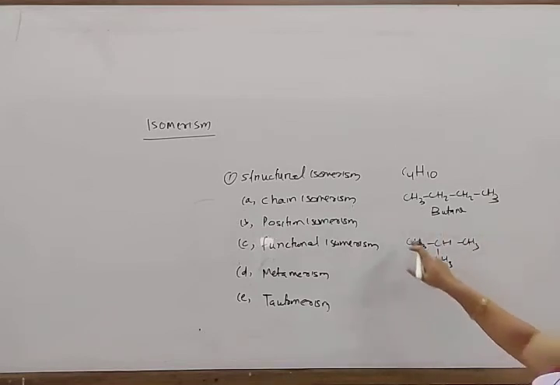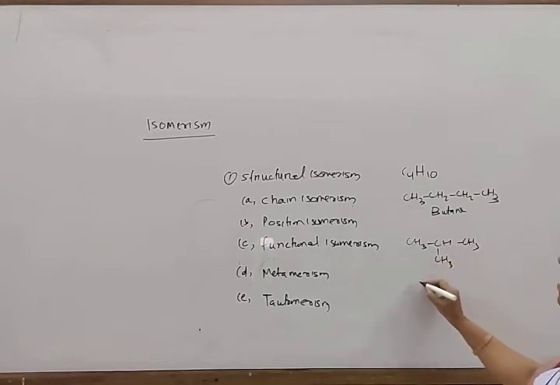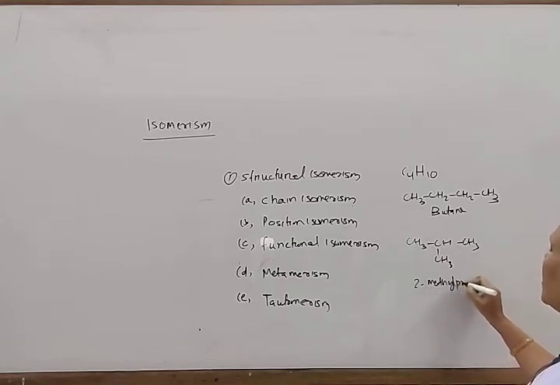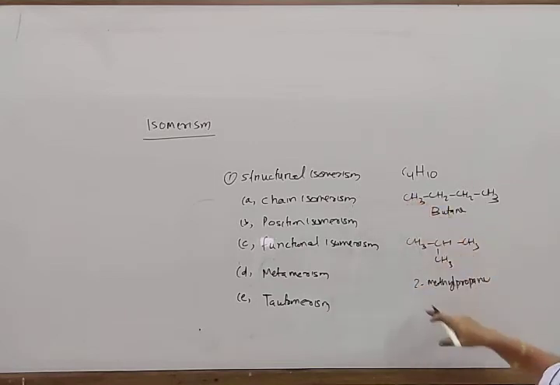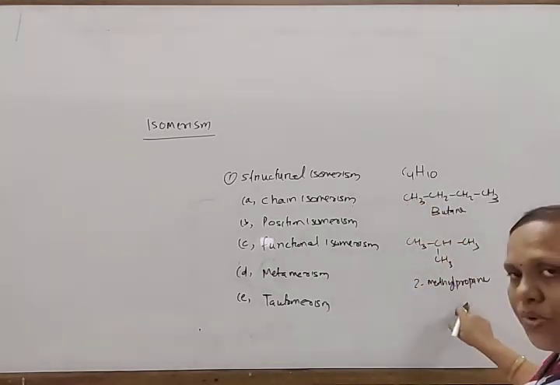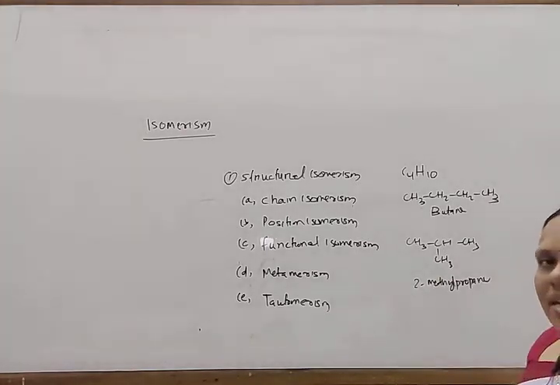Here also there are total carbon 4, hydrogen 10. This is known as 2-methylpropane. So these two are chain isomers of each other. Butane and 2-methylpropane are chain isomers of each other.